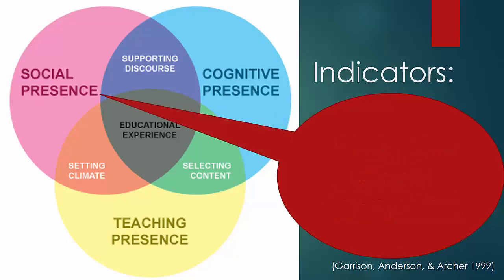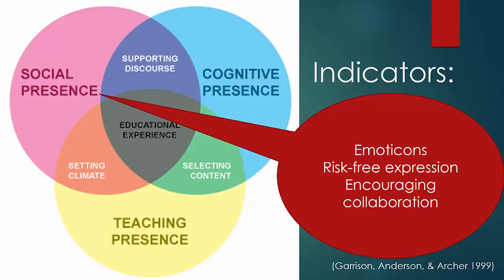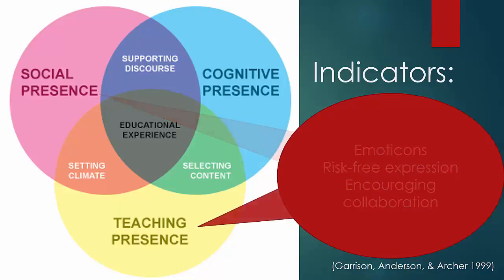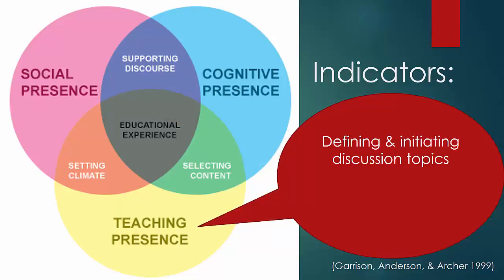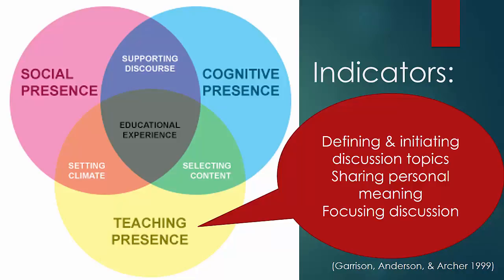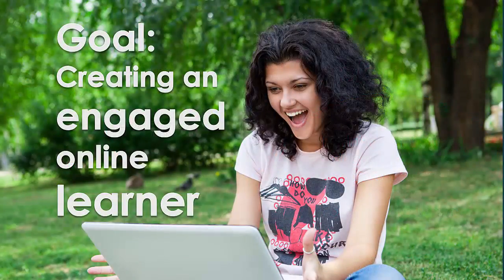The indicators for social presence, things like emoticons, risk-free expression, encouraging collaboration. And for the teaching presence, indicators include defining and initiating discussion topics, sharing personal meaning, and focusing discussion, with the end goal of creating an engaged online learner.